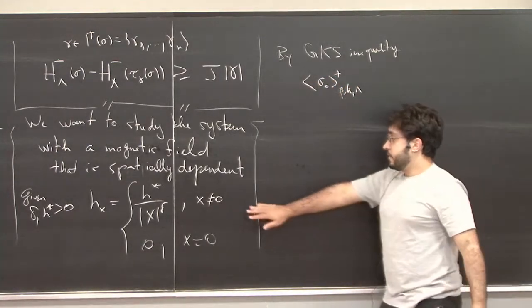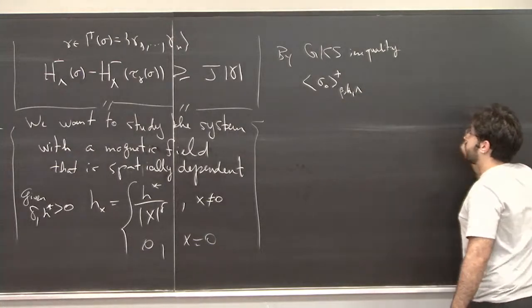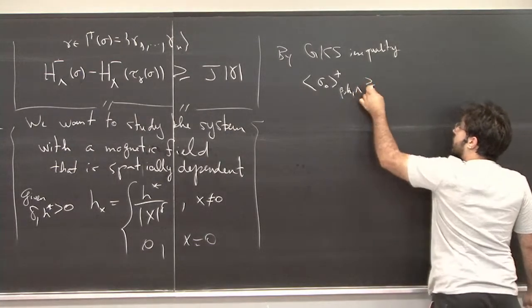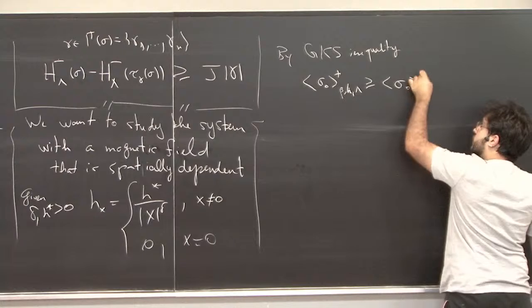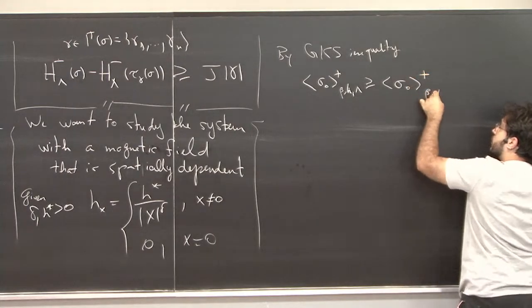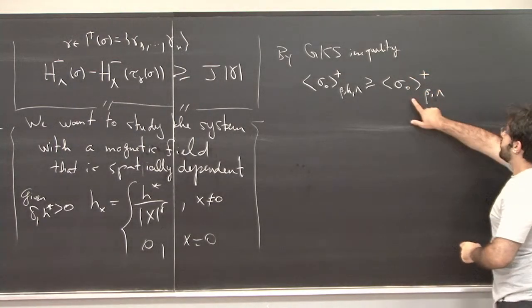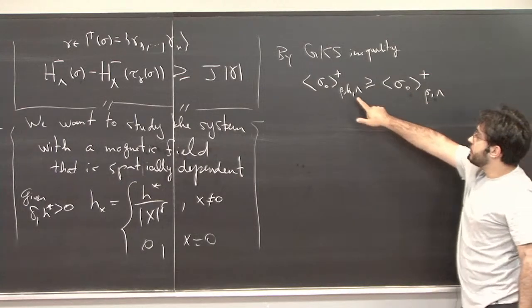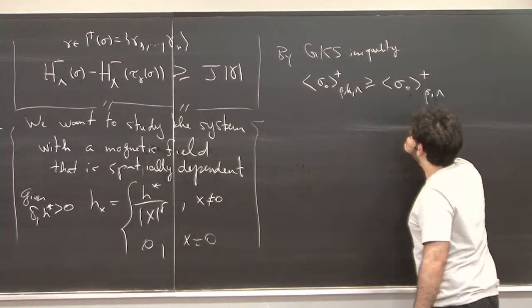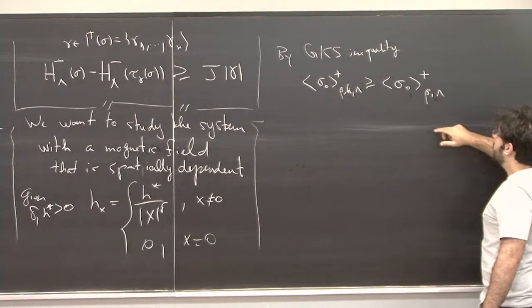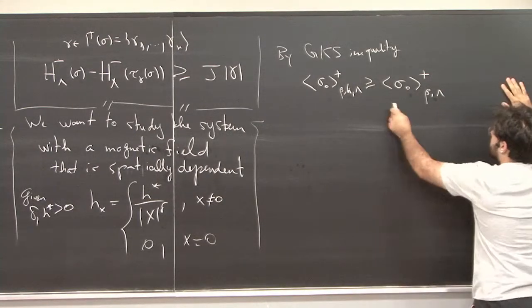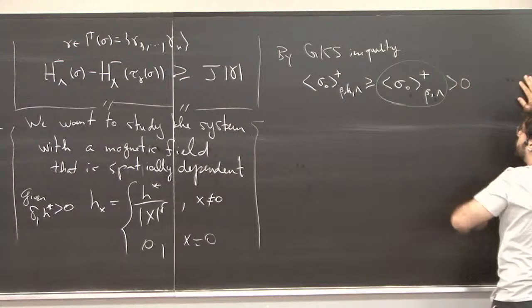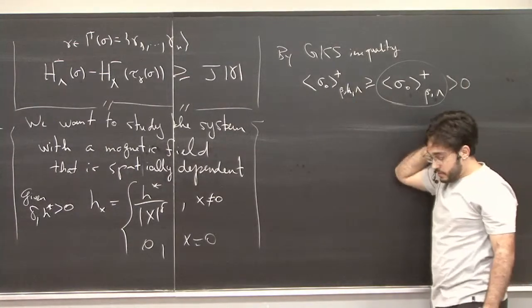Although it is spatially dependent, the GKS holds in this generality. So this is the zero field expectation, and this is with the spatially dependent magnetic field. And this means that every time this quantity is positive, this is also positive.